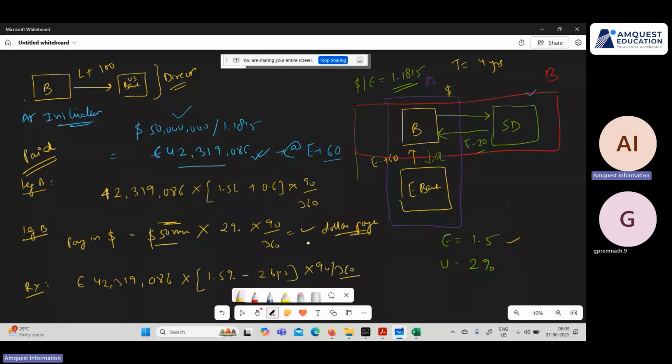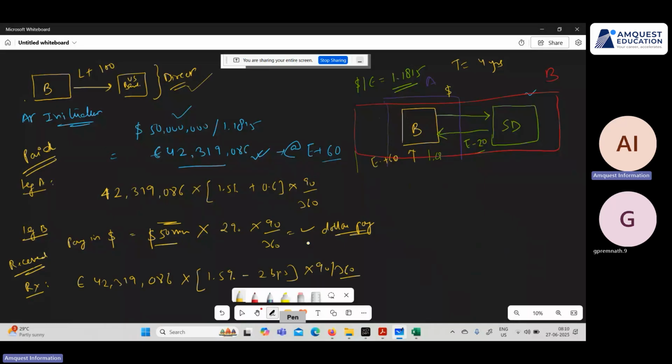Now, now that we are sure about how much he paid and how much he received, the important thing to notice is what the overall transaction looks like. How about if he would have to do this directly?